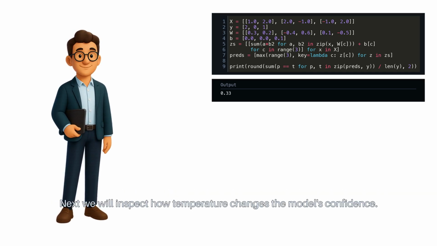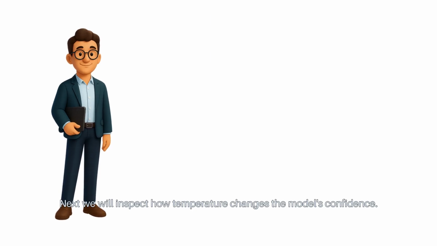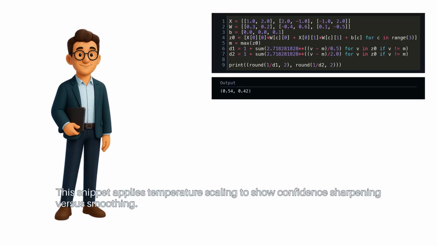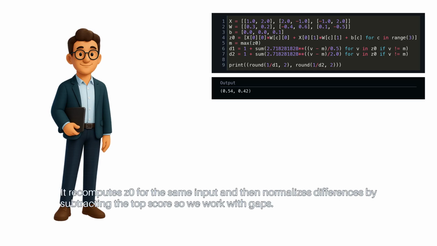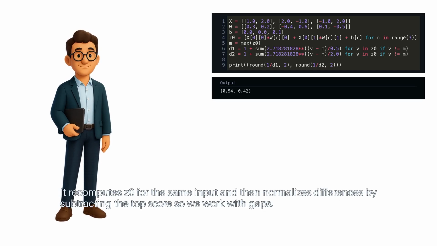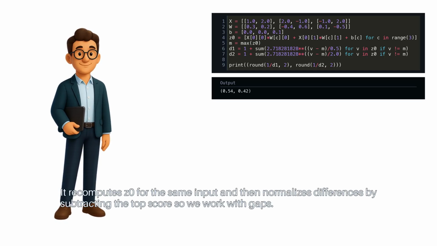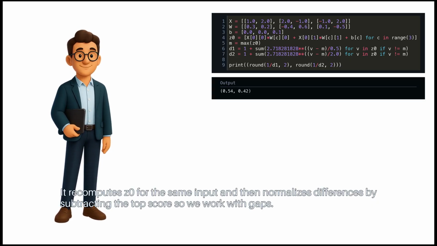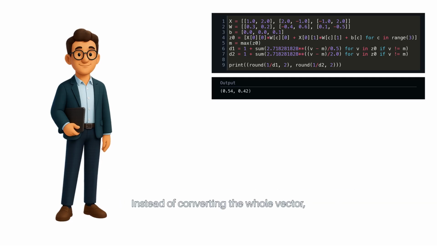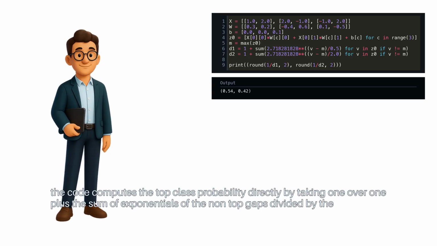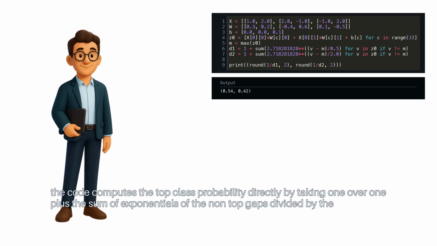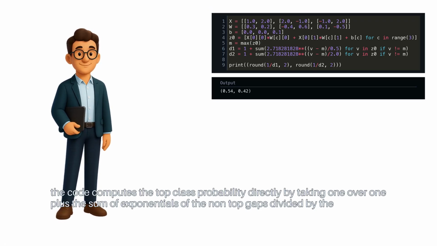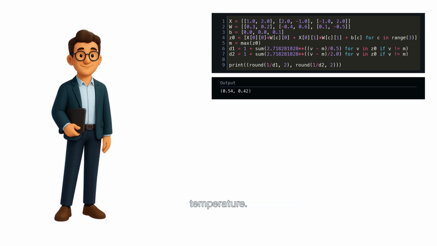Next, we will inspect how temperature changes the model's confidence. This snippet applies temperature scaling to show confidence sharpening versus smoothing. It recomputes Z0 for the same input and then normalizes differences by subtracting the top score, so we work with gaps. Instead of converting the whole vector, the code computes the top class probability directly by taking 1 over 1 plus the sum of exponentials of the non-top gaps divided by the temperature.